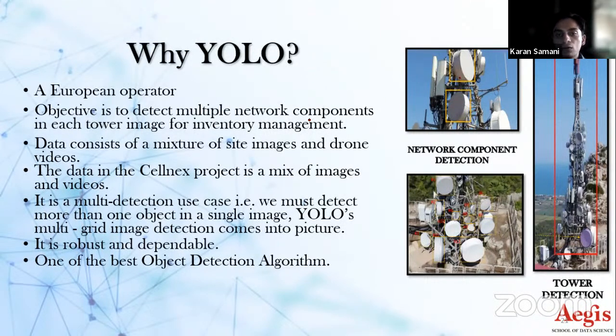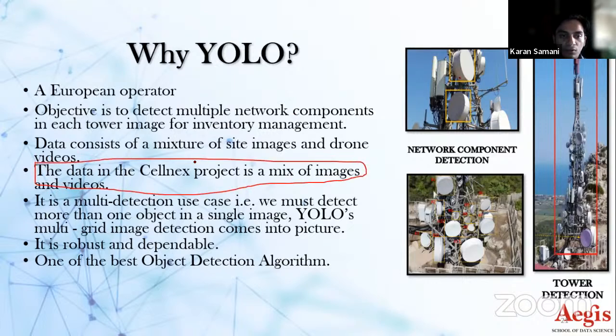Now recall, why did we use YOLO here? We used YOLO because we had a mixture of images and videos in our data. It is a multi-detection use case, and if it is a multi-detection use case, YOLO is always a go because it uses a grid structure wherein we can detect minute components.